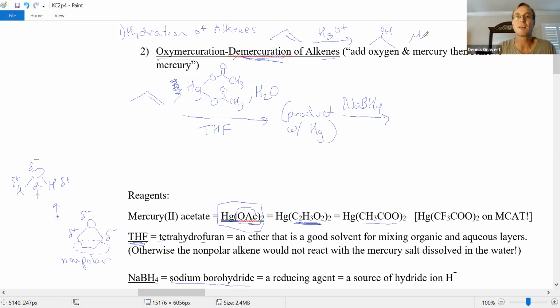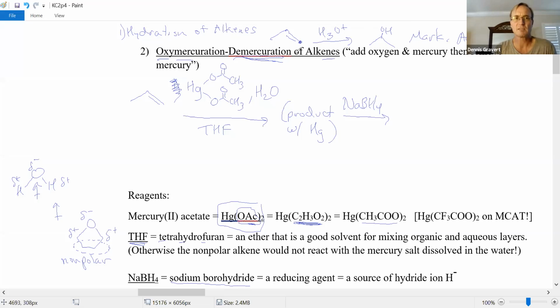And it was Markovnikov's addition, right? The rich gets richer, meaning the H of the reagent goes to the carbon with more H's. This one had 2, this only has 1 H. The rich gets richer. Or the hydrogen of the reagent goes to the alkene carbon with more hydrogens. But we also saw carbocation rearrangements.